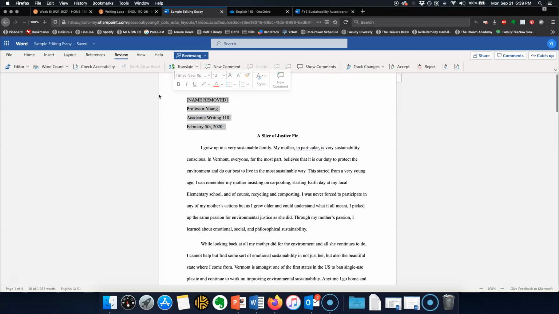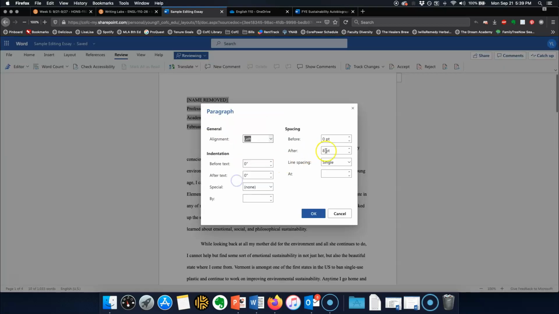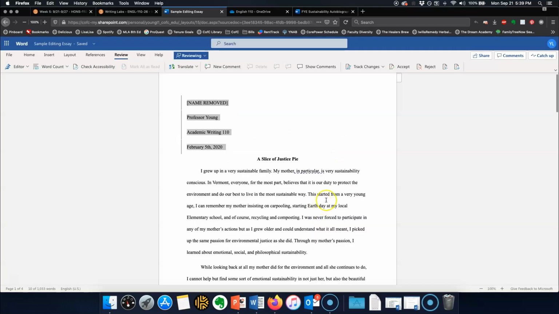So I'm going to make changes, paragraph options, make sure it's listed as double, click OK, and then it should show up that this has been formatted to double space. And then I'm going to read through the essay.